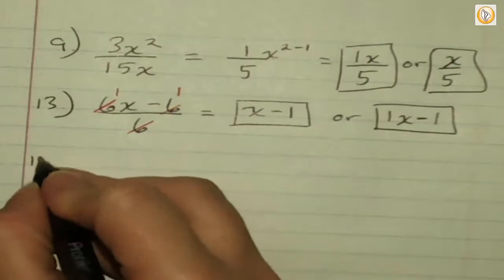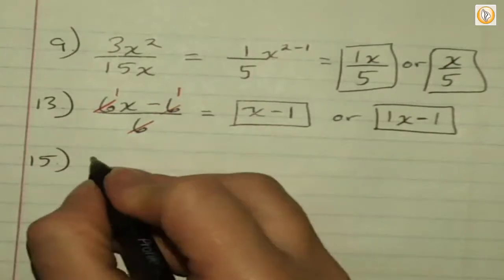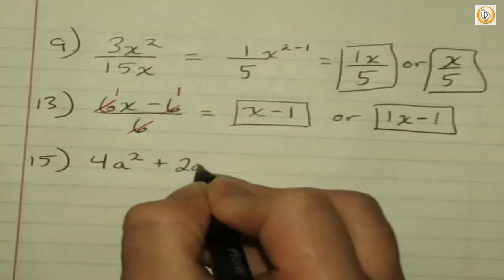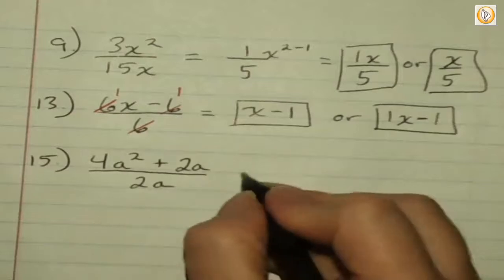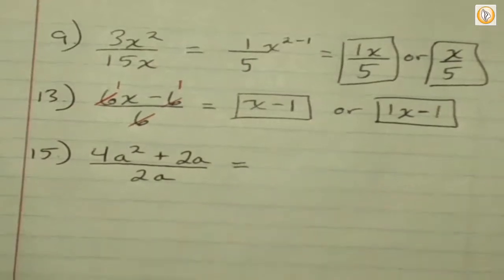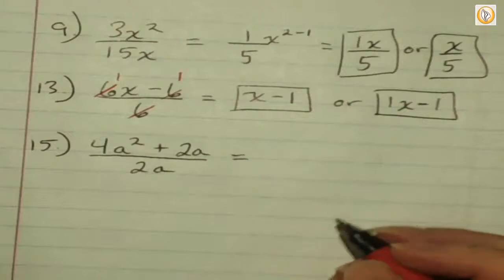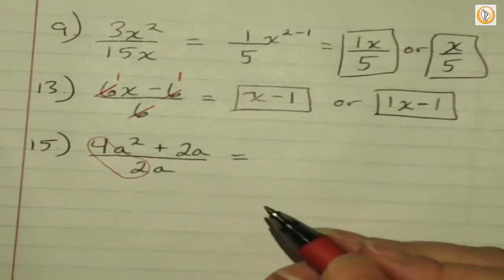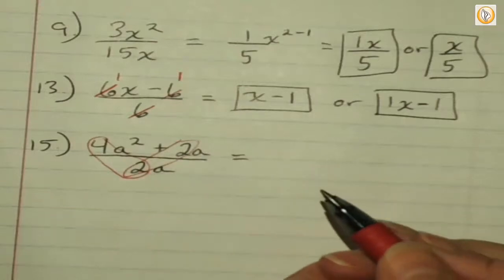All right, let's look at 15. I have 4a squared plus 2a over 2a. You can simplify both. So, yeah, and then the 2a will cancel out.